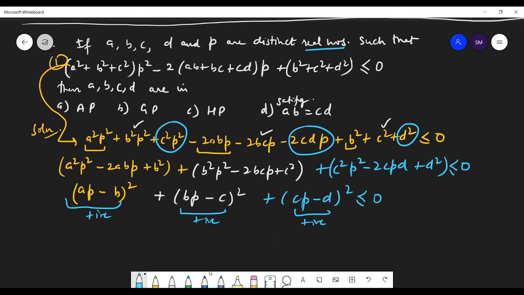So what does this mean, students? AP minus B is equal to 0, BP minus C is equal to 0, and CP minus D is equal to 0. That's the only choice. They can either be 0 or positive, and if the sum is lesser than 0, it is not possible.